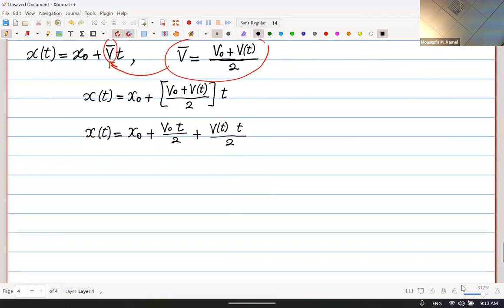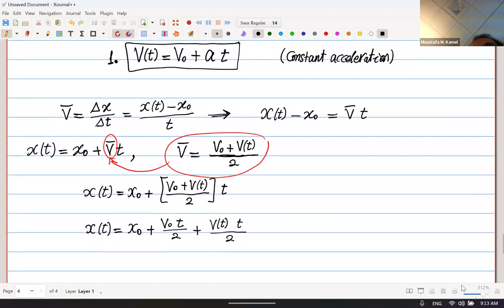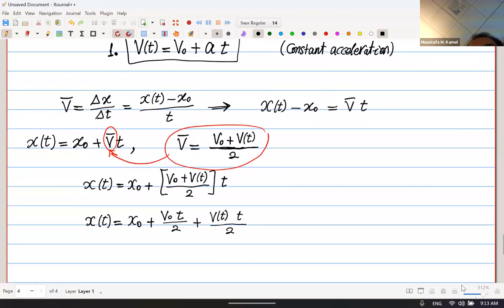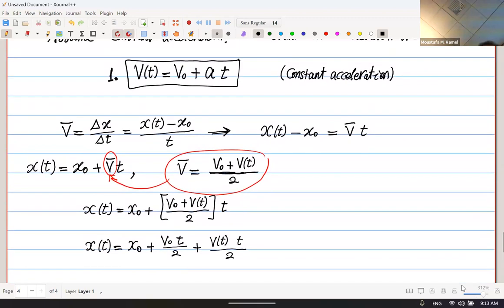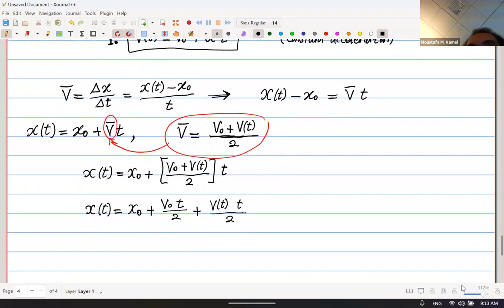Okay. And we will take the equation that we have derived above, which is equation number 1, and substitute it for v of t here. So substitute v of t from equation 1.